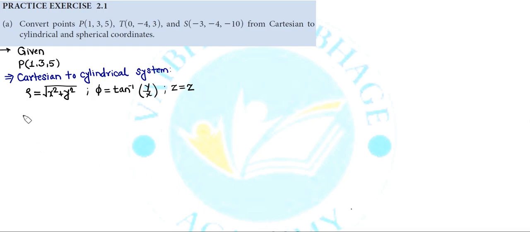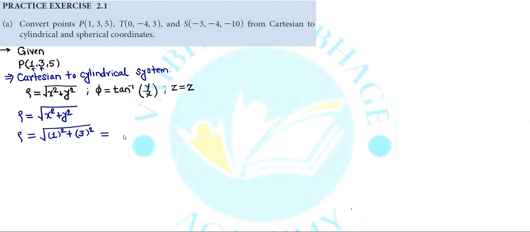Very firstly, we are going to start with rho. Rho is equal to the square root of x square plus y square. And what are the x and y values over here? We have x to be 1, so x square will be 1 square, and y is 3, so that will be 3 square.